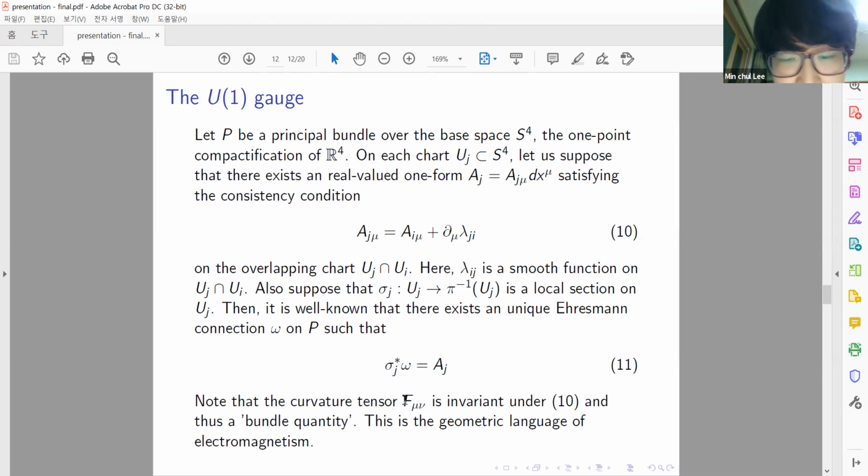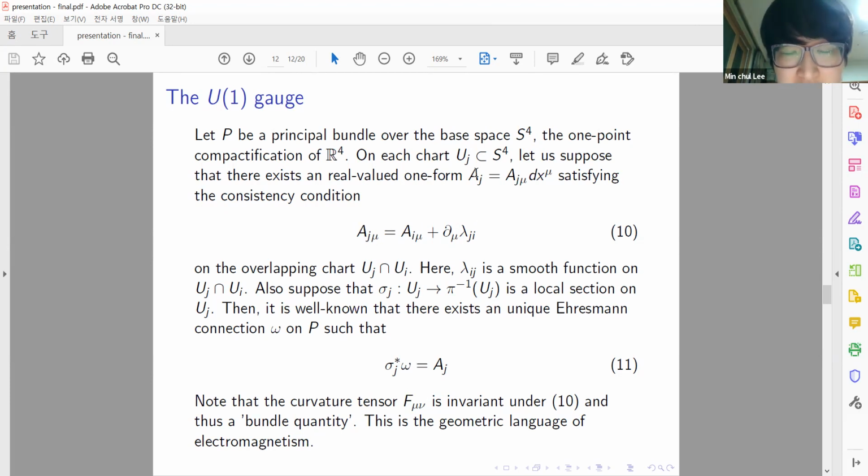You can recall that this curvature tensor, which is defined as the anti-symmetric derivative of A, is invariant under this gauge transformation because the partial derivatives commute. So this curvature tensor is a bundle quantity or a global quantity. This is the geometric language of electromagnetism. The one form is the gauge potential or electromagnetic vector potential.